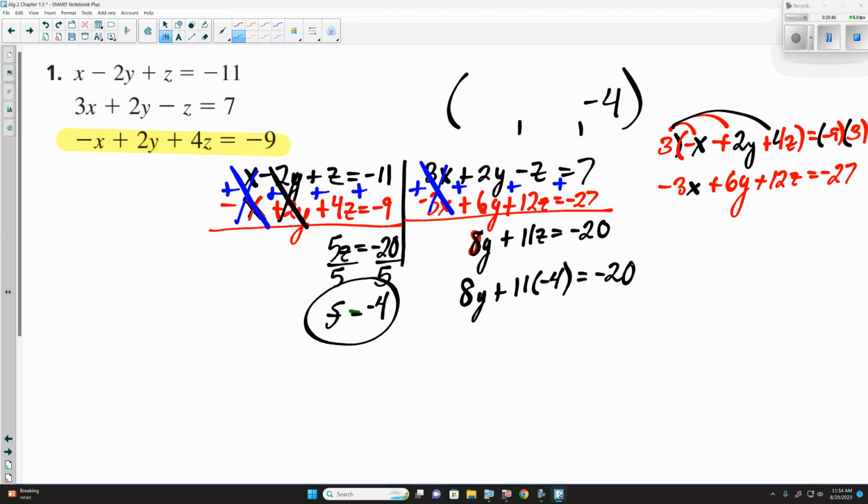If we'd gotten 2 equations with 2 variables, we'd pick one of those to eliminate and go from there. Here, since we already know what one of the 2 is, we can solve for it. So we can do 11 times negative 4, which is negative 44.